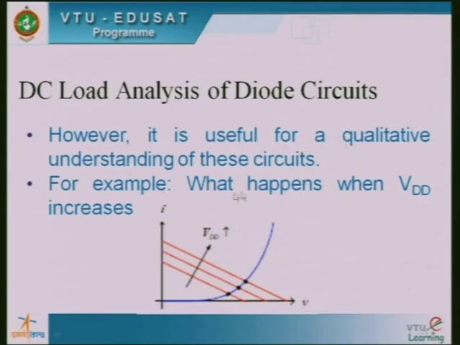That means, what happens when VDD increases? Friends, you can see here, the blue line is the VI characteristics of the diode, whereas the red line is the load line, having a slope of 1 by R. Whenever VDD increases, the operating point, that is the intersection point, also increases here.